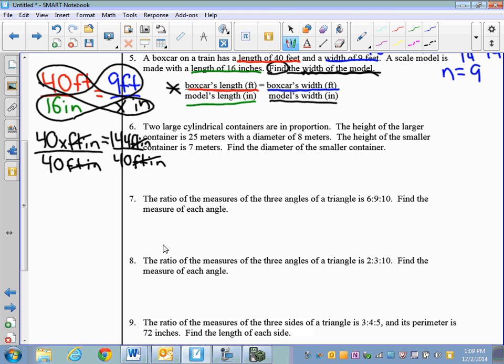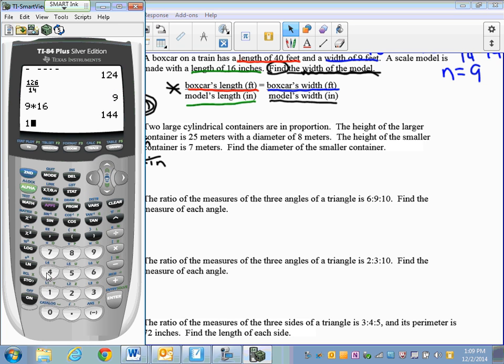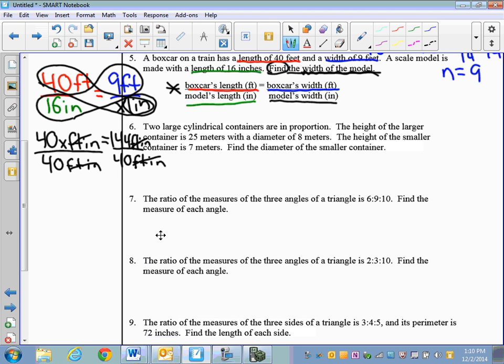The reason why they went away is because I have the inches right here. X will be a length in inches. So I do 144 divided by 40, and I get 3.6 inches. So X is equal to 3.6 inches. Sorry I ran out of room there.